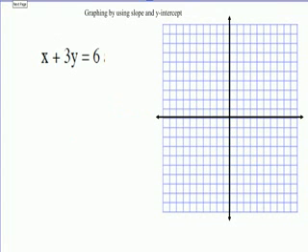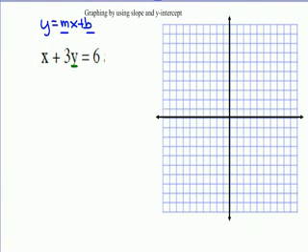Moving along here, slope and y-intercept again. We can't tell our slope and our y-intercept in this form, so we want to make sure we get it in this form so that we can pick out the slope and the y-intercept. To do that we just solve for y. We need to get y by itself right there.